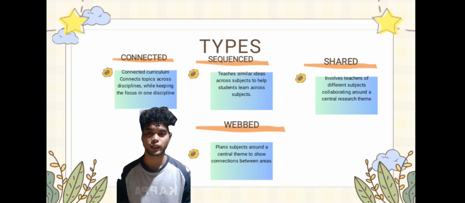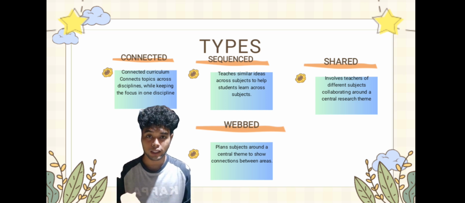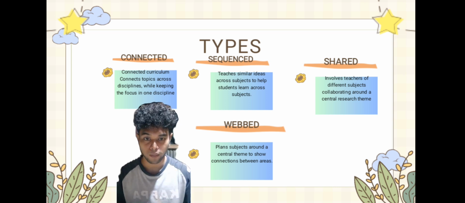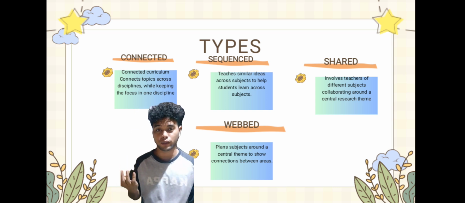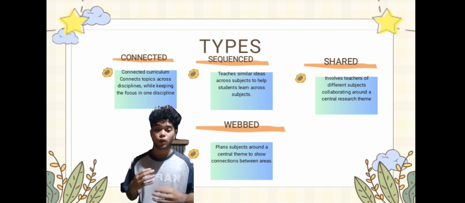Now let's talk about the other types of curriculum integration. We have connected, sequence, shared, and webbed. So let's talk first about the connected. It refers to a method where the focus is on explicitly making connections between different concepts and ideas within a single subject area.